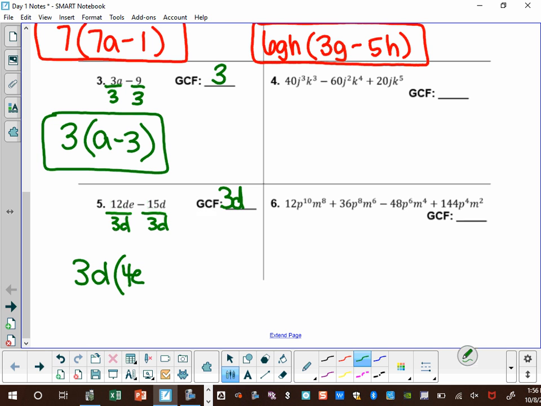I'm left with E minus 5. Then how come there's a D in your GCF? Because each piece has D with it.